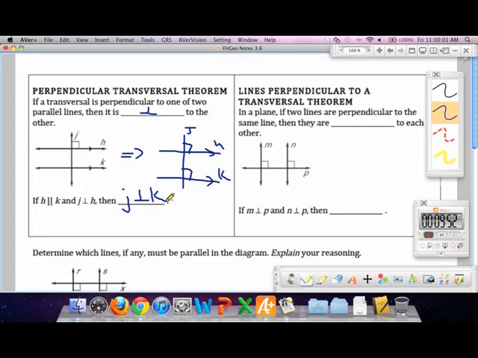What would be an explanation for why M and N must be parallel, given that I know that P is perpendicular to both of them? What would be a reason that we had, say, yesterday that would explain why M and N have to be parallel? We had one of them yesterday. Kelsey?